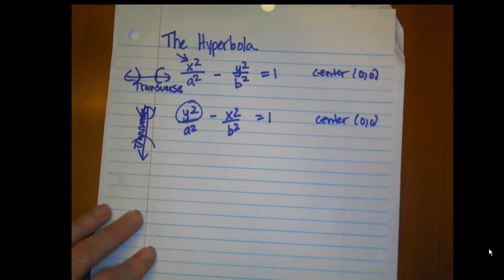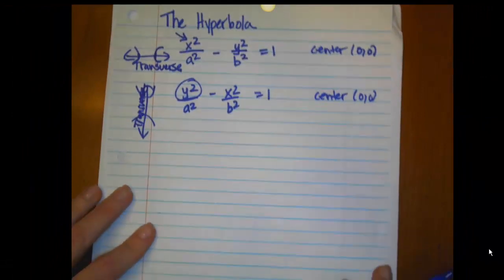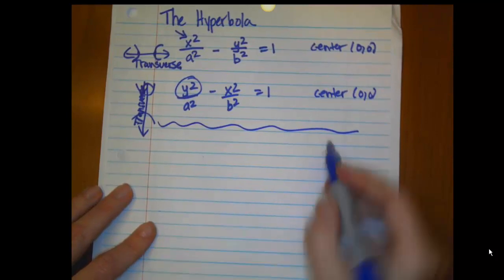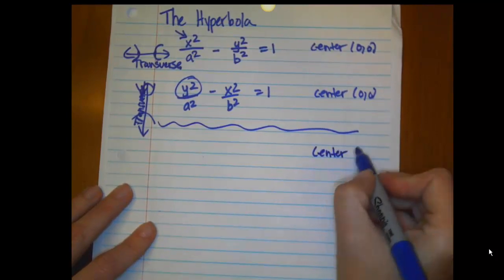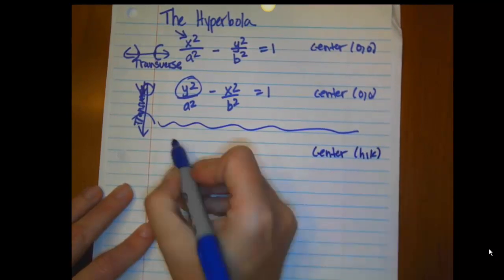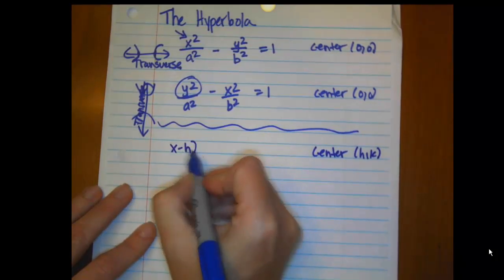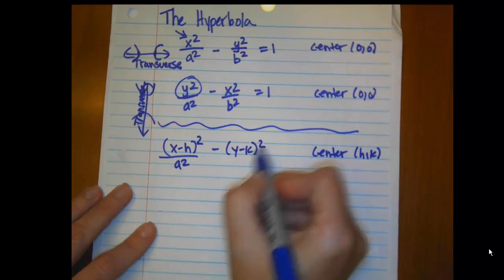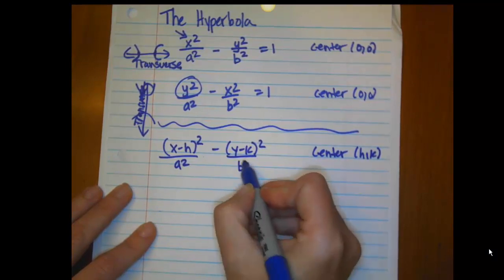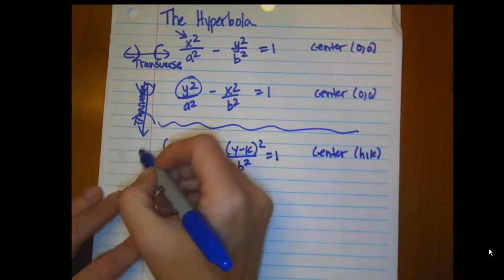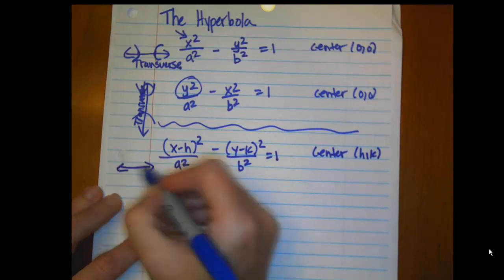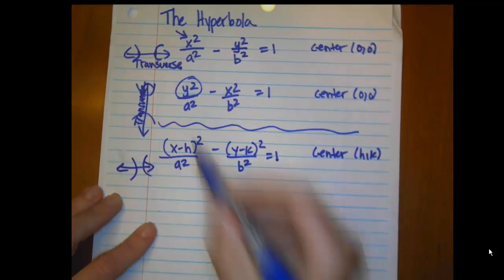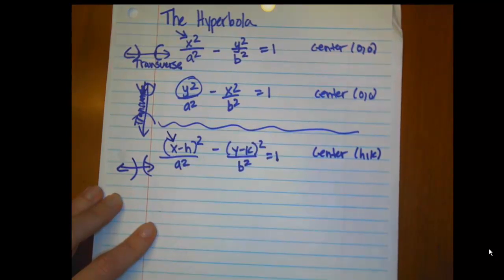Now we know that every hyperbola does not have to be centered at 0, 0. So the general form of a hyperbola where the center is somewhere other than 0, 0, let's say (h, k), would look like (x minus h) quantity squared over a squared, minus (y minus k) quantity squared over b squared equals 1. Again, when my transverse axis is horizontal, my hyperbola is opening up left to right because my x variable is first.